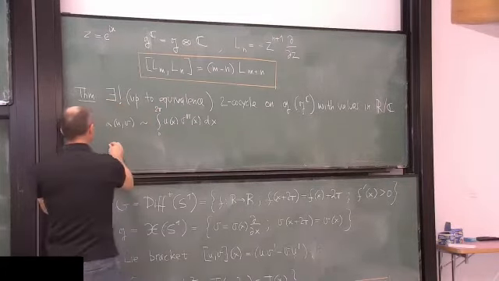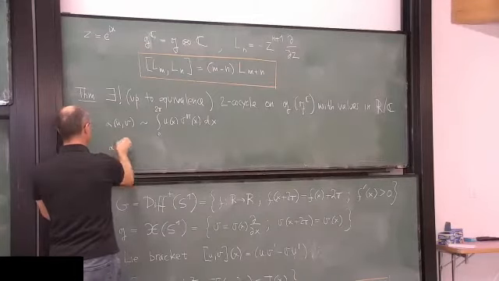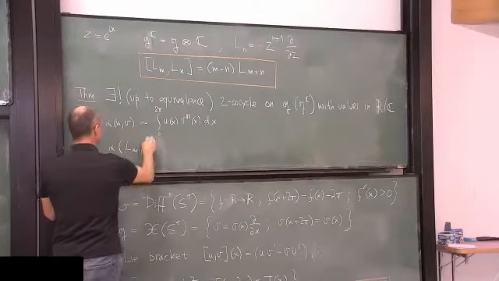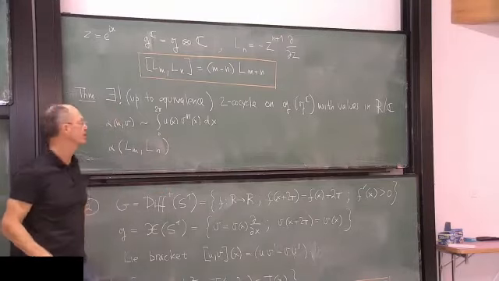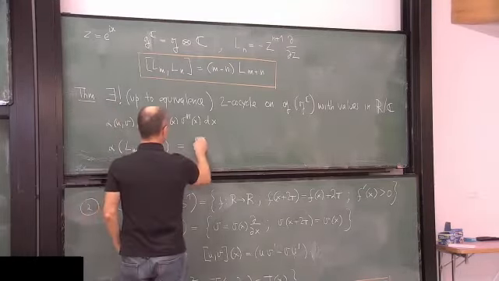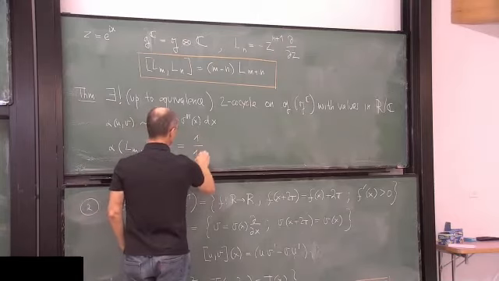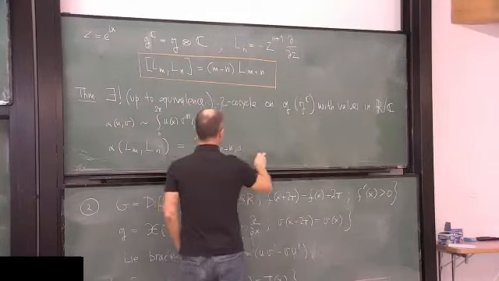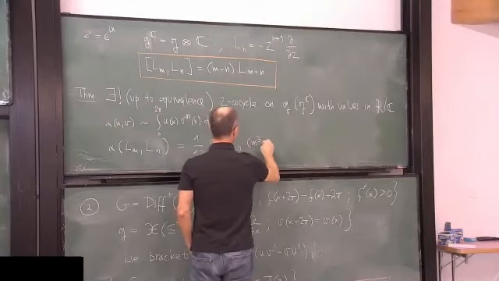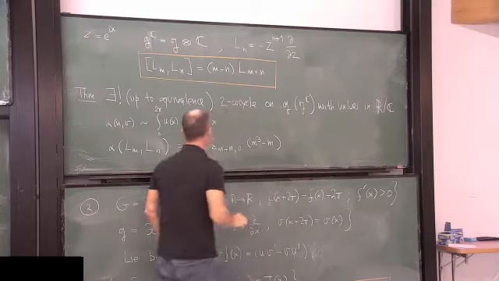But let me fix the multiples again by the conventional formula. I computed on those generators Lm and Ln, and well, the convention is to put 1 over 12 delta m plus n, 0 and here m cubed minus m.